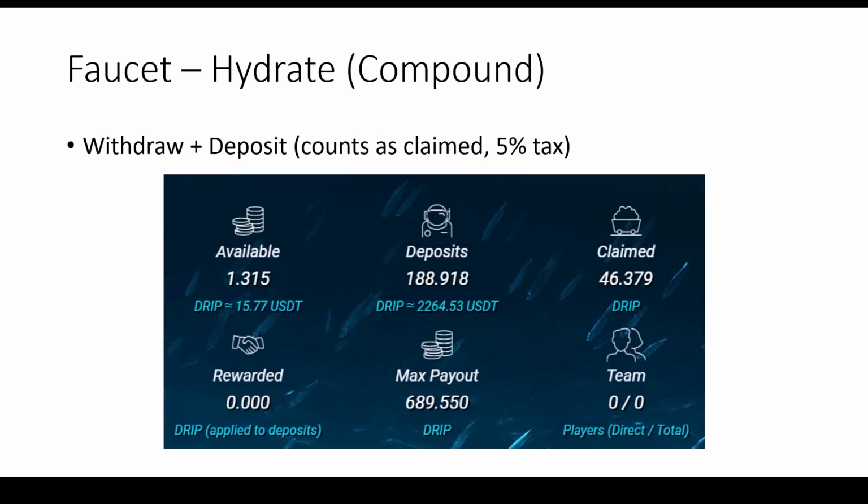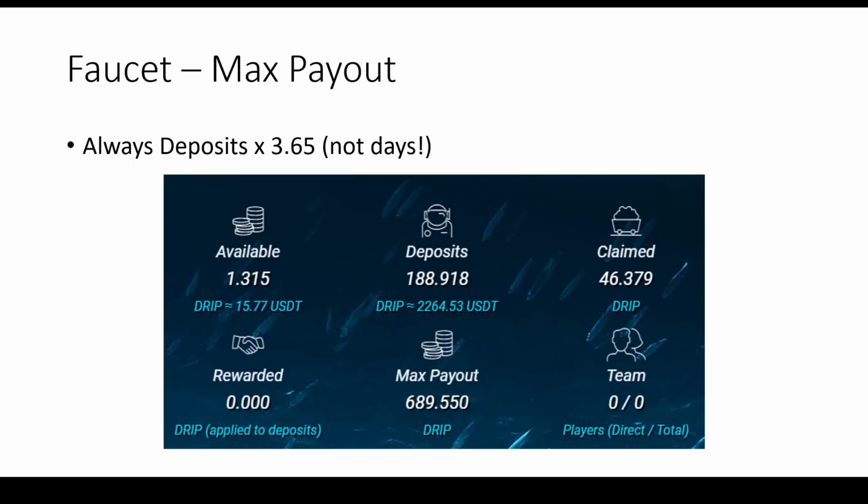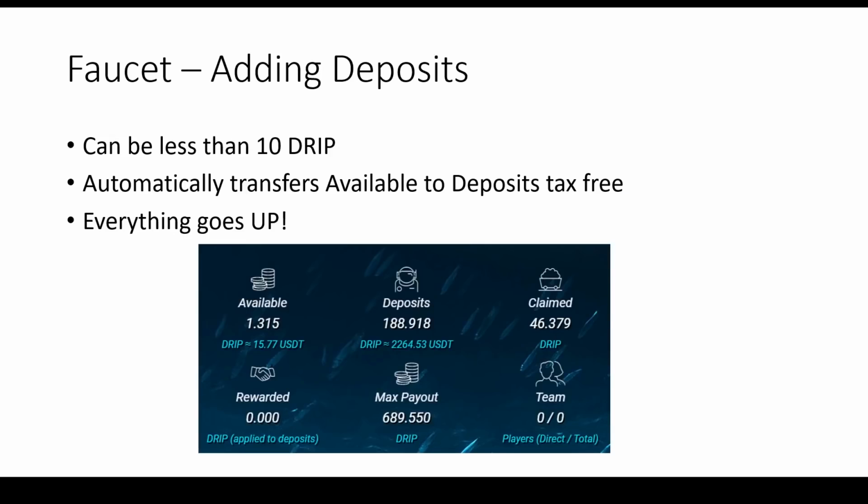Later on, once you already have deposits and you want to deposit some more, you can deposit less than 10 drip tokens. You can deposit 1 drip, 10 drip, 3 drip, whatever you want. You already have deposits, so you're no longer subject to that 10 drip token minimum.